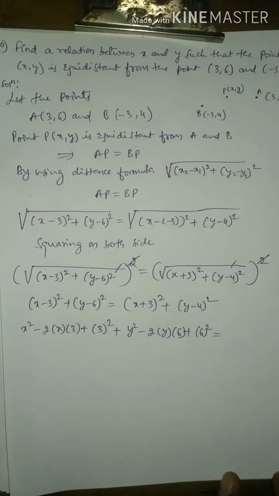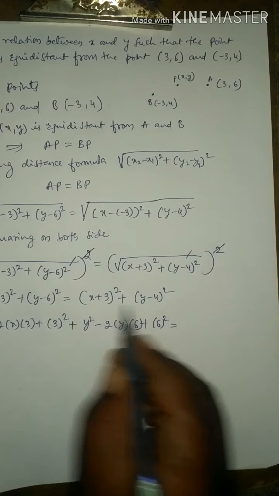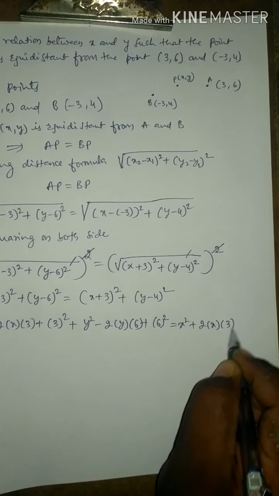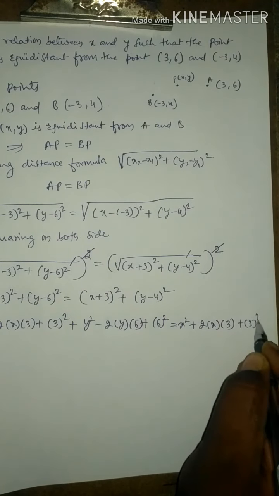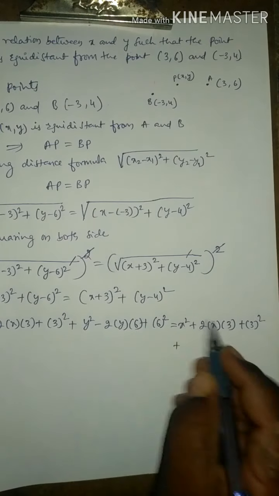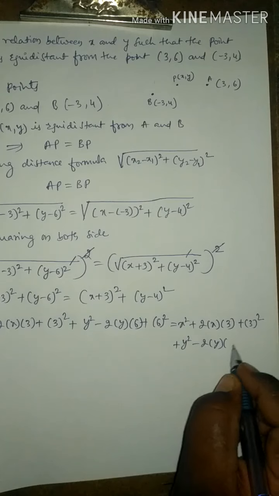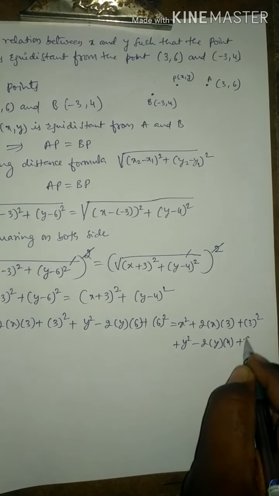This is equal to, this is (a plus b) whole square, x square plus 2 into x into 3 plus 3 square, plus, this one you have to use (a minus b) whole square, y square minus 2 into y into 4 plus 4 square.